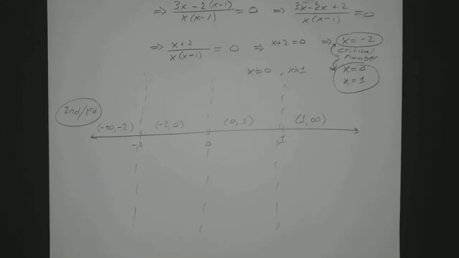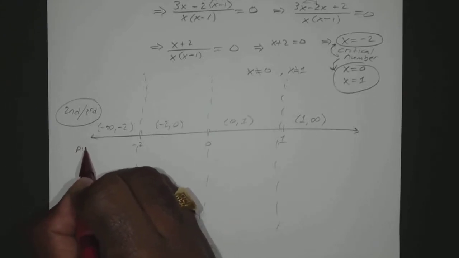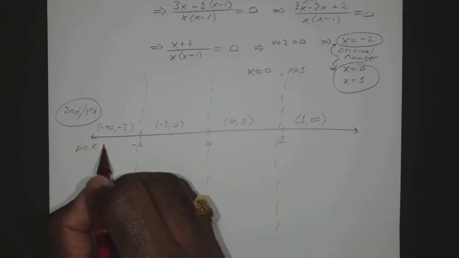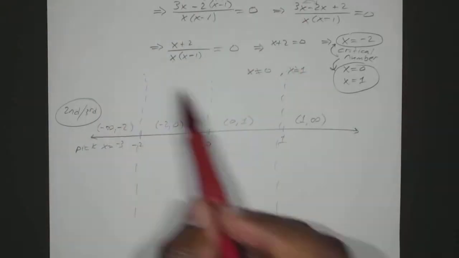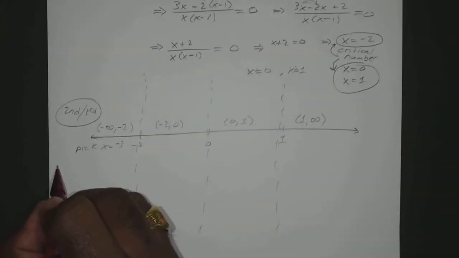And from negative infinity to negative 2, we can pick x equals negative 3. Alright, and with this one, it'll probably be easier to plug it into our original inequality instead of where we did all of our alterations.